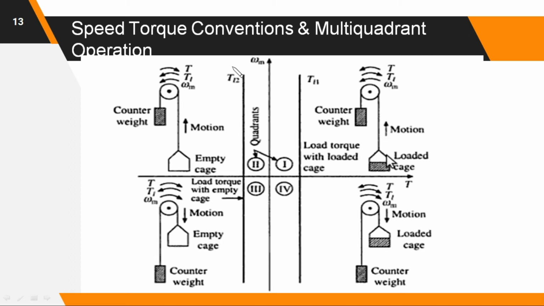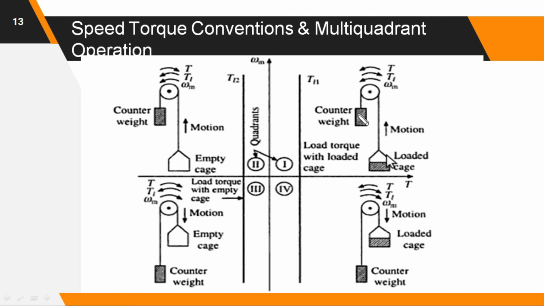Before going to this explanation, I am explaining the diagram. This is the omega m axis, this is the torque axis. The first quadrant is forward motoring quadrant. This is a pulley on which a drum is connected, or a motor shaft is connected with the drum.